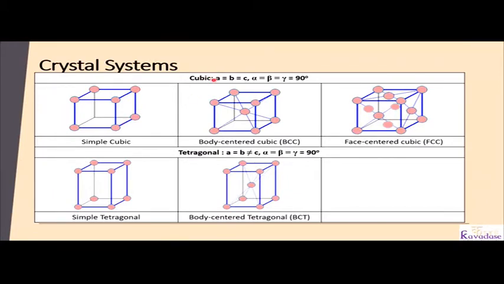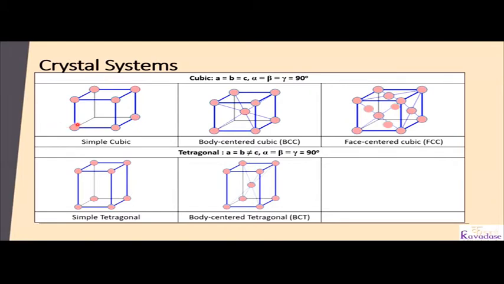The first one is the cubic type of structure, where A, B, and C are the same. In a cube you know that A, B, and C are the same, and alpha, beta, gamma are equal to 90, so the angles between them are also 90.